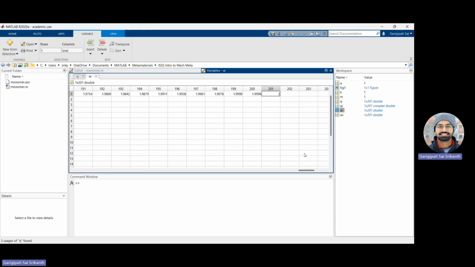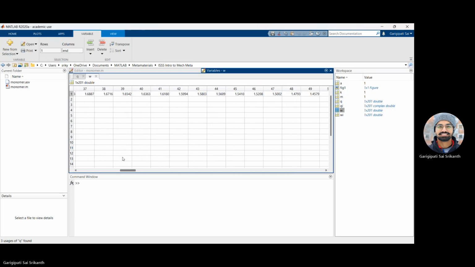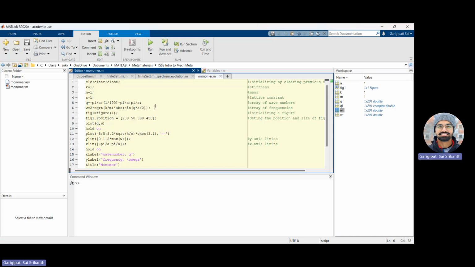So before 0 and after 0 there are 100 elements each. This is a simpler vectorized way of describing omega.